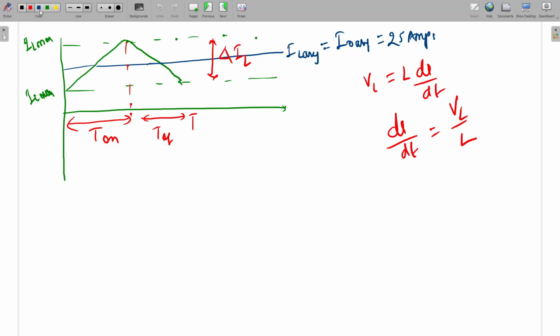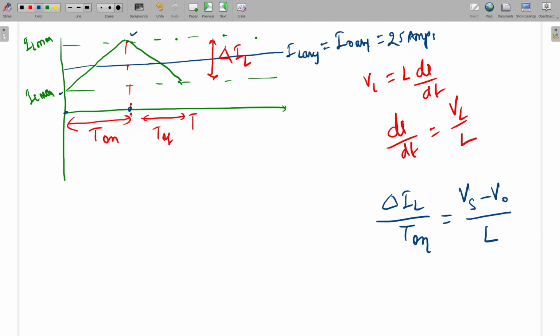From this slope we can write: di means I2 minus I1, IL max minus IL minimum, which we call delta IL. So delta IL is Y2 minus Y1, divided by X2 minus X1, which is T on. So this is equal to VL by L, where VL is Vs minus V naught. Is this equation clear to all? Otherwise, I will explain again.